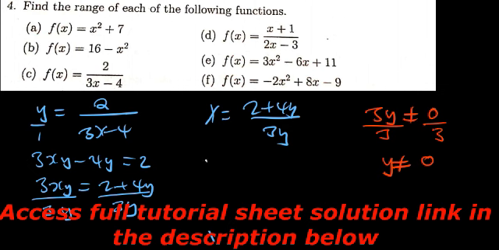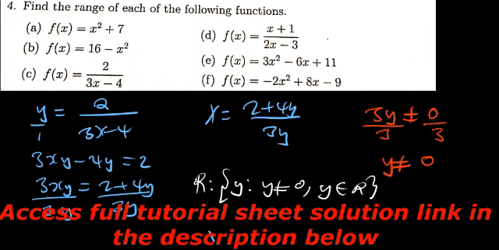It means that the range, you can even put it in set builder notation: y is such that y is not equal to 0 and y is a member of all real numbers. Or you can say the range starting from negative infinity all the way to 0, but 0 should not be included, union from 0 to positive infinity, meaning 0 is not part of it. That's why it is not closed.